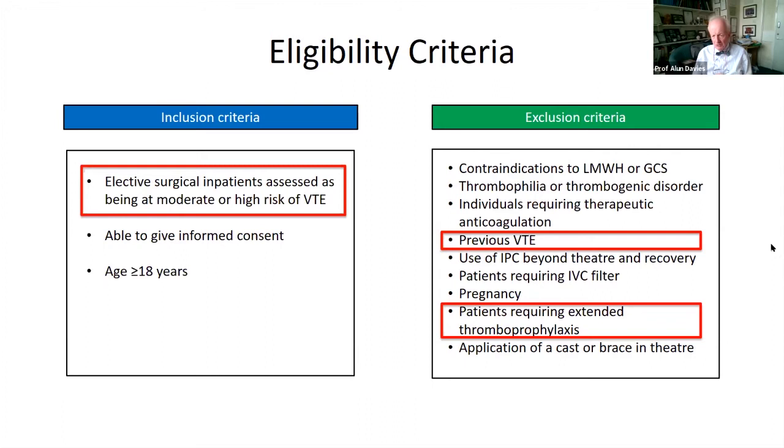There were some obvious exclusions, those who had a contraindication to either low molecular weight heparin or graduated compression, those who had a known thrombophilia, those who at the time of admission were having anticoagulation therapy, a previous VTE, the use of intermittent pneumatic compression after the immediate surgery or recovery, the use of an IVC filter, but probably key in this was those who also required extended thromboprophylaxis, i.e. having major pelvic, abdominal, or lower limb arthroplasty.